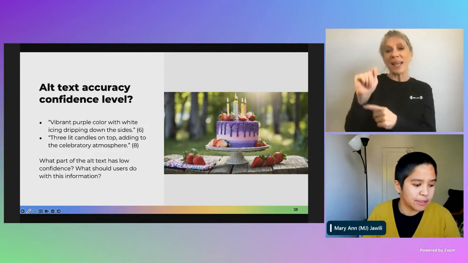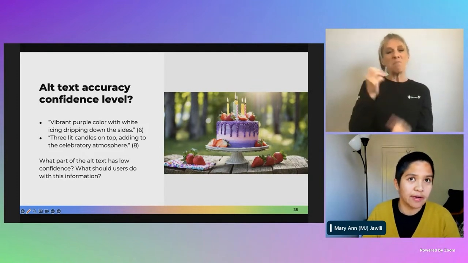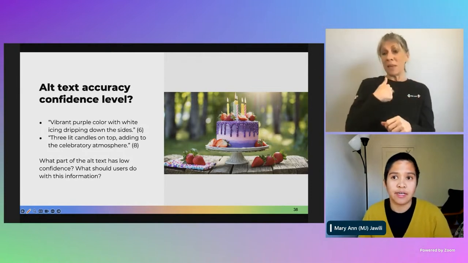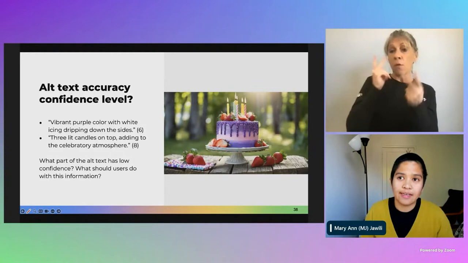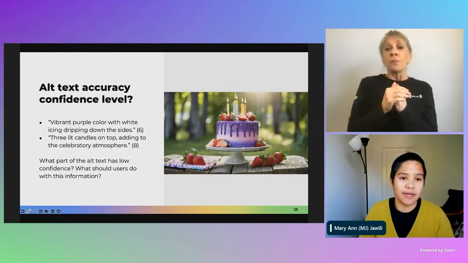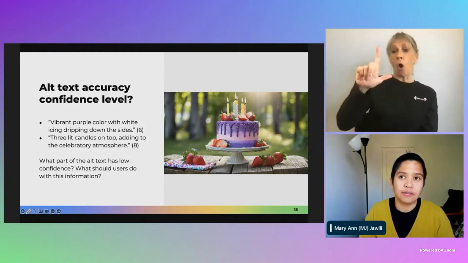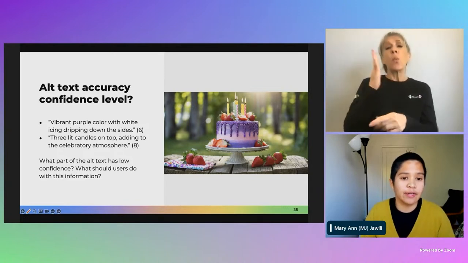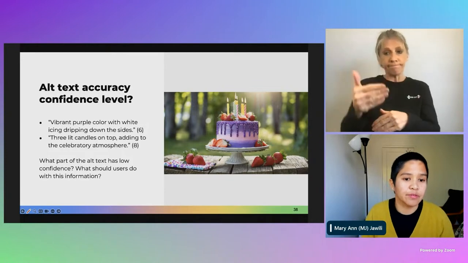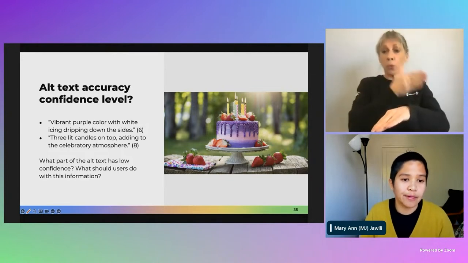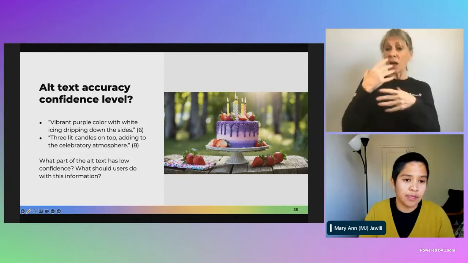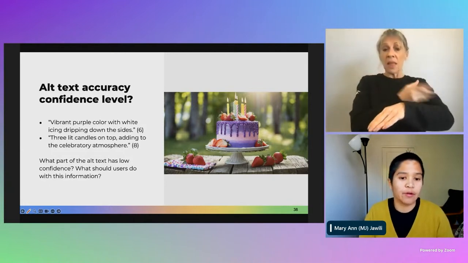So it ends up raising a bunch of questions, and where I landed just in talking with blind and low vision people is that confidence in alt text and its accuracy is something that they feel will improve over time in the same way that generative AI has improved over time. Text to image is getting better and better, and people's confidence is increasing in it. And similarly, they expect the same thing around alt text.